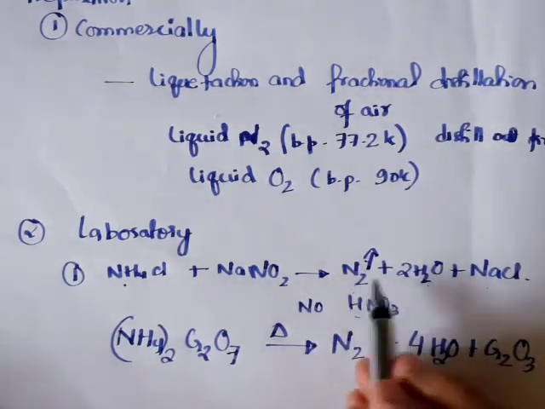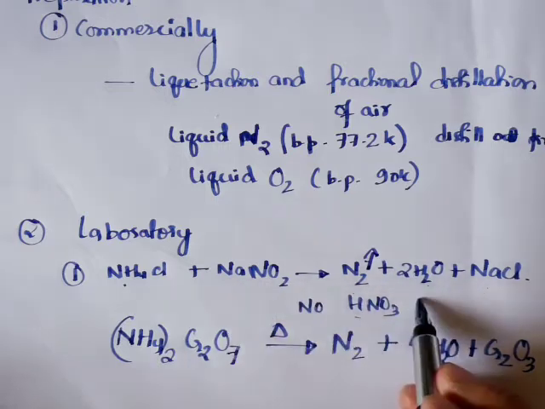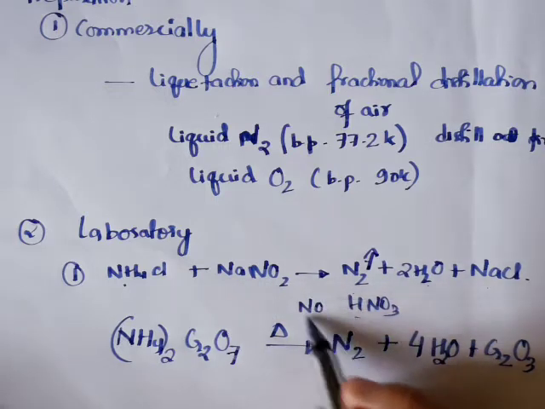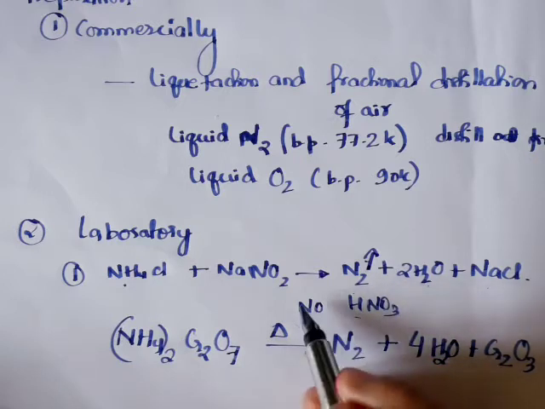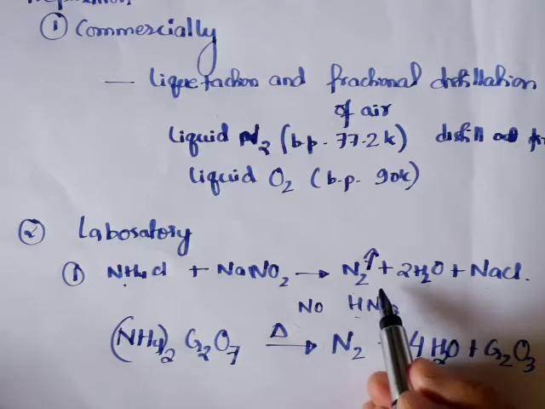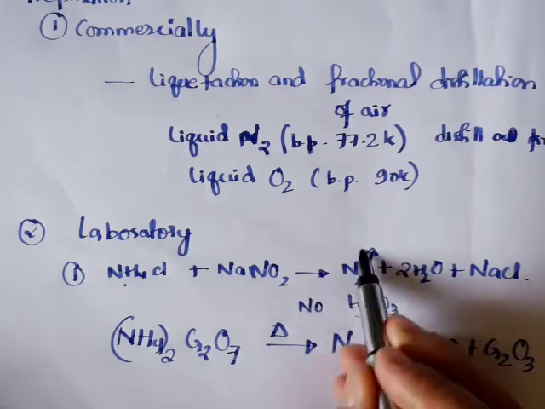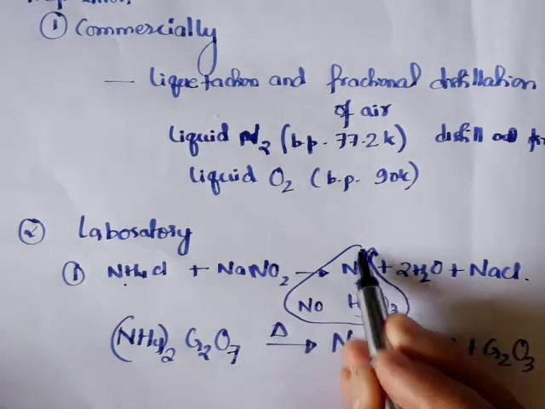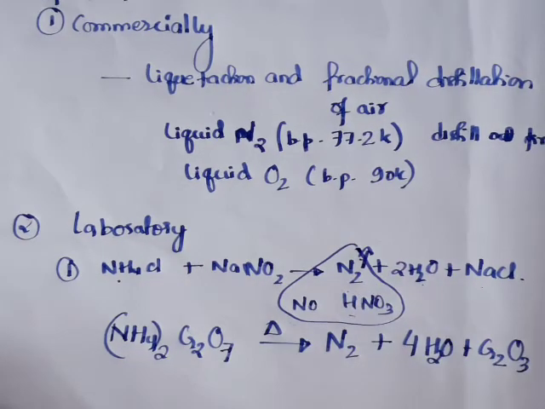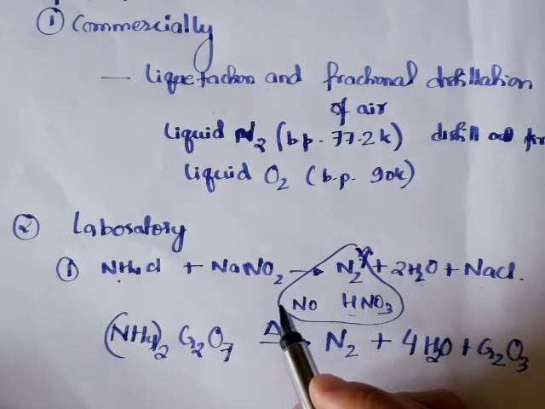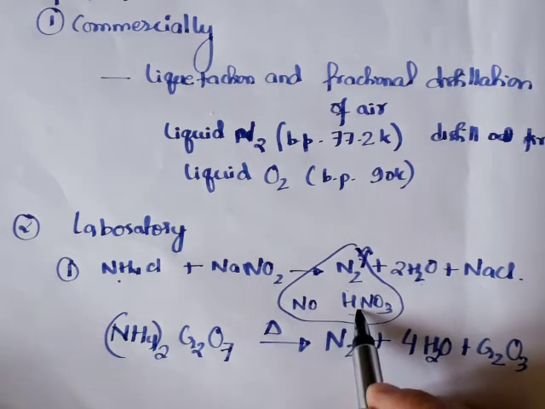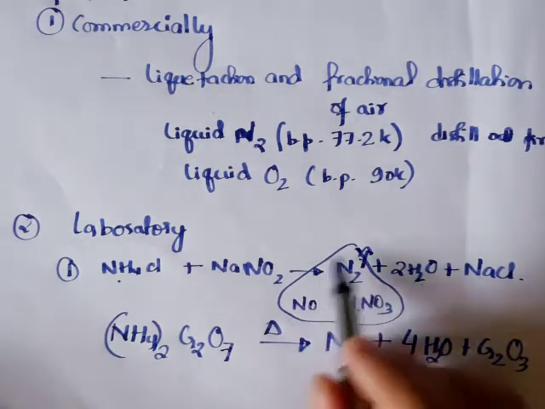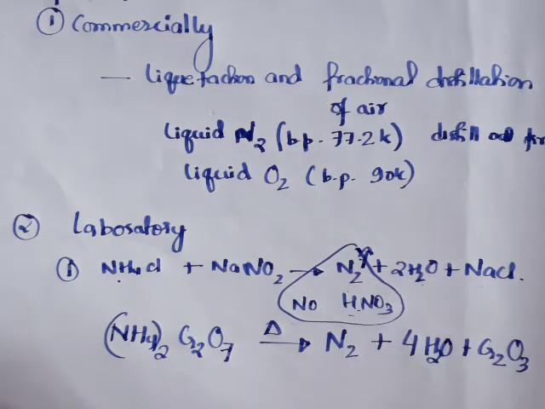During the preparation of nitrogen with this process, a small amount of nitric oxide and nitric acid is formed. So this gas is allowed to pass through sulfuric acid containing potassium dichromate, where these two will get absorbed, giving pure nitrogen.